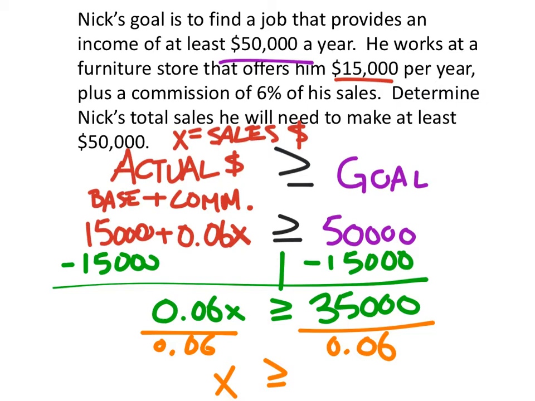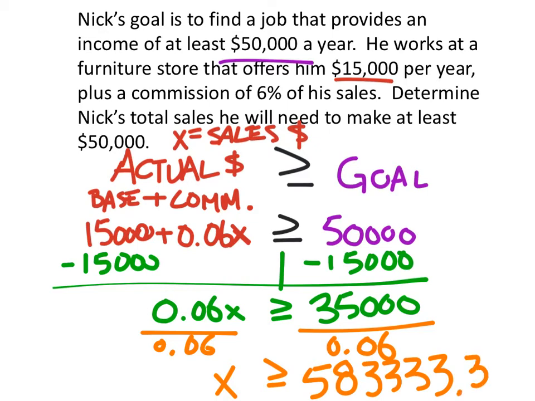So 35,000, we'll put that in the calculator, divided by 6%. I'll just put the decimal in, and this gives us that big number right there. $583,333. Make sure I wrote that right. Yeah, that's good.